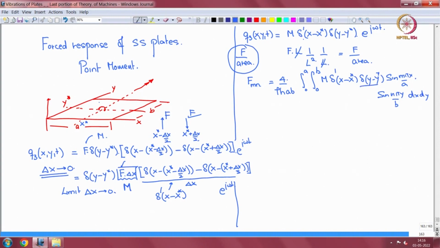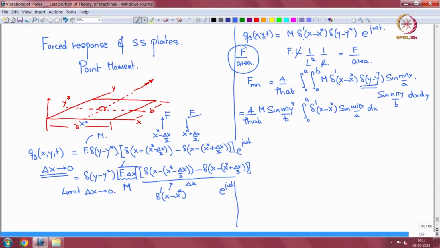The y integral is simple. So I have 4 by rho h a b M into sine n pi y star by b, then remaining integral 0 to a of delta dash x minus x star sine m pi x by a dx.